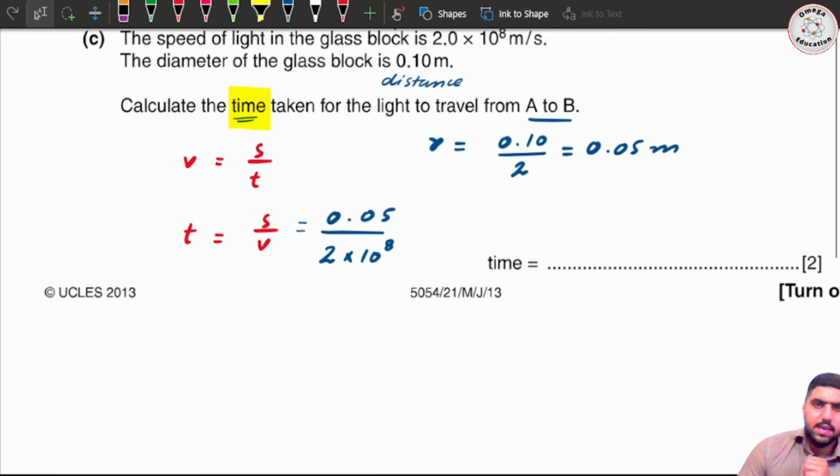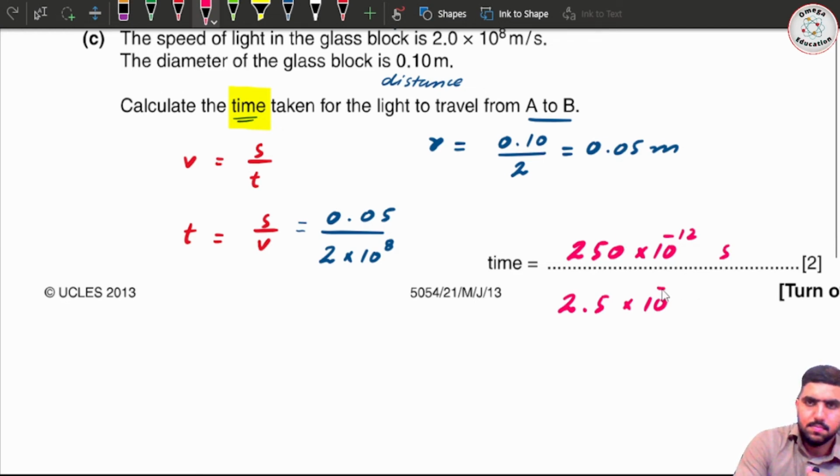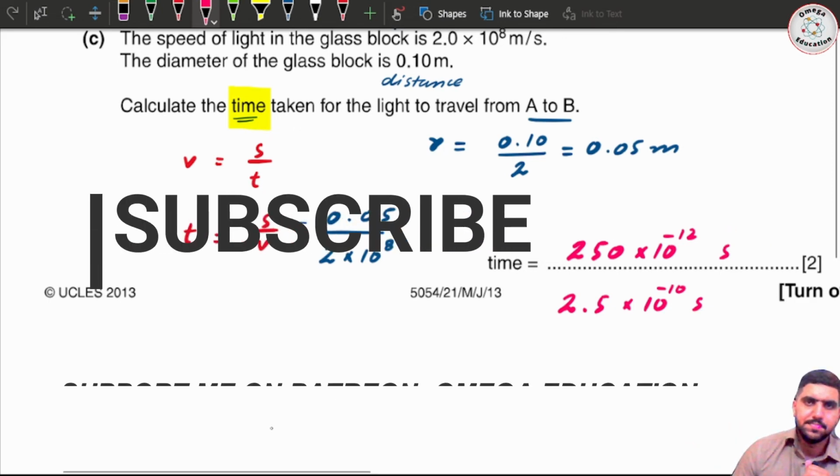The answer we get for this one is 250 × 10^-12 seconds. If you want to convert it into standard form, that would be 2.5 × 10^-10 seconds. Basically, whatever answer you get from the calculator, you can write it as it is without doing any conversions.